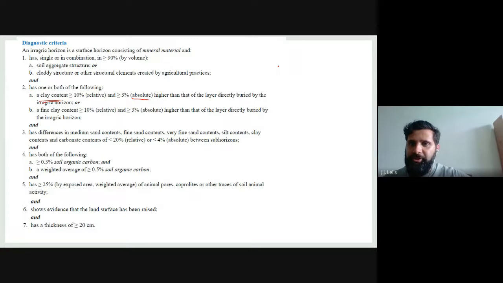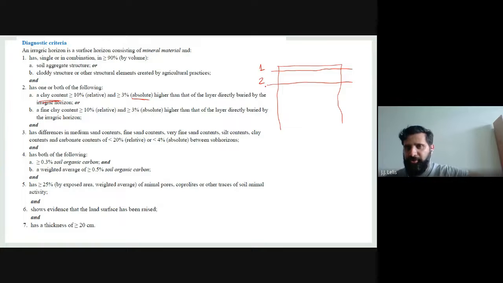So let me show. We have a soil here, and we have a horizon here and another horizon, horizon number 1 and number 2. The first horizon presents something like 50% of clay. And the second horizon presents something like 32% of clay.